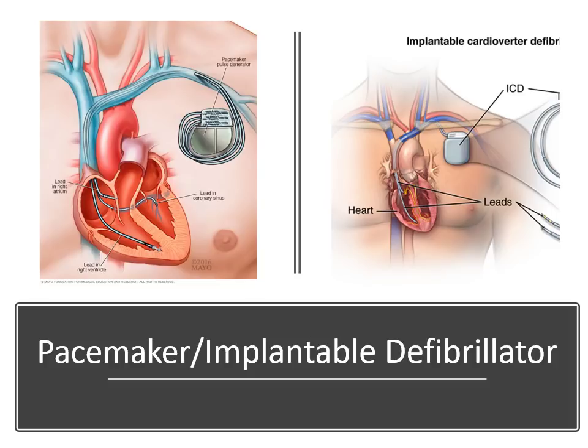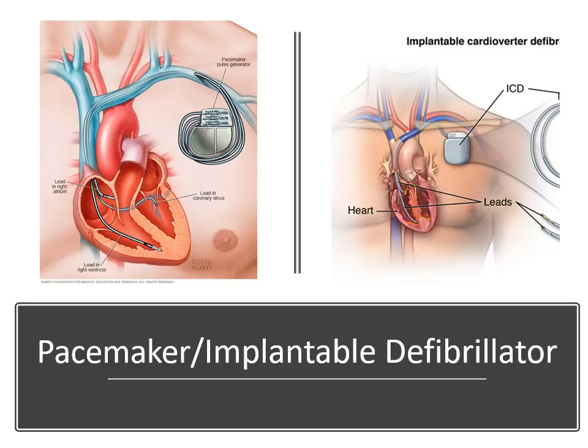One thing I wanted to tell you about these devices is that they can be a single chamber or a dual chamber. With the single chamber, you have a pulse generator and one electrode that is inserted in either the atrium or the ventricle.